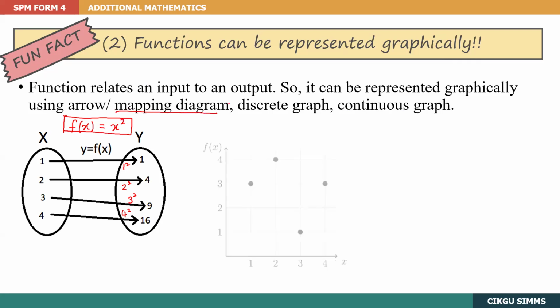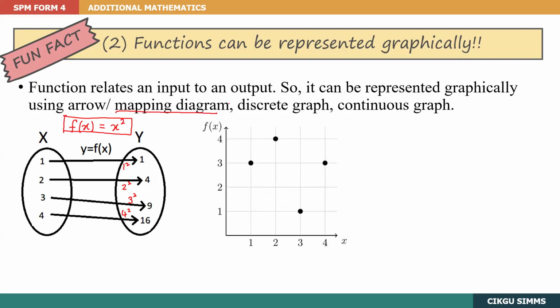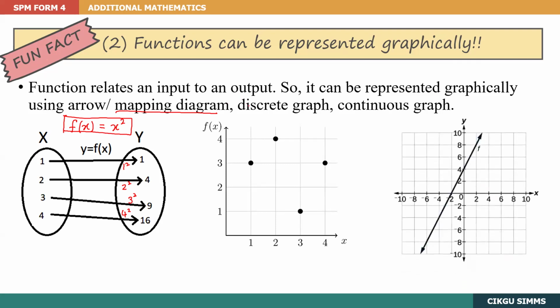The second method is by graph. There are 2 types: the first one is the discrete graph, and the second one is the continuous graph. One thing you need to know is that the x-axis is the input, and the y-axis is the output.